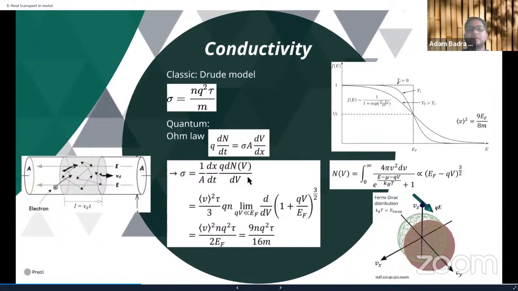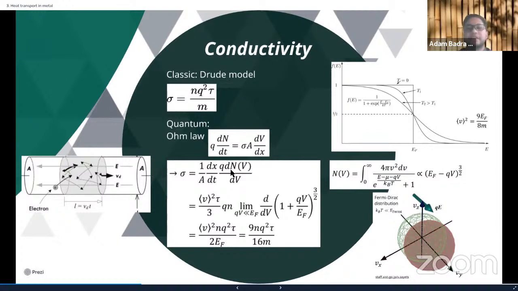This is a little bit different from the classical model, because in the classical model we just assume a constant electric field. Here we want to know the effect of a small perturbation: if we change V a little bit, how will the electron density change?